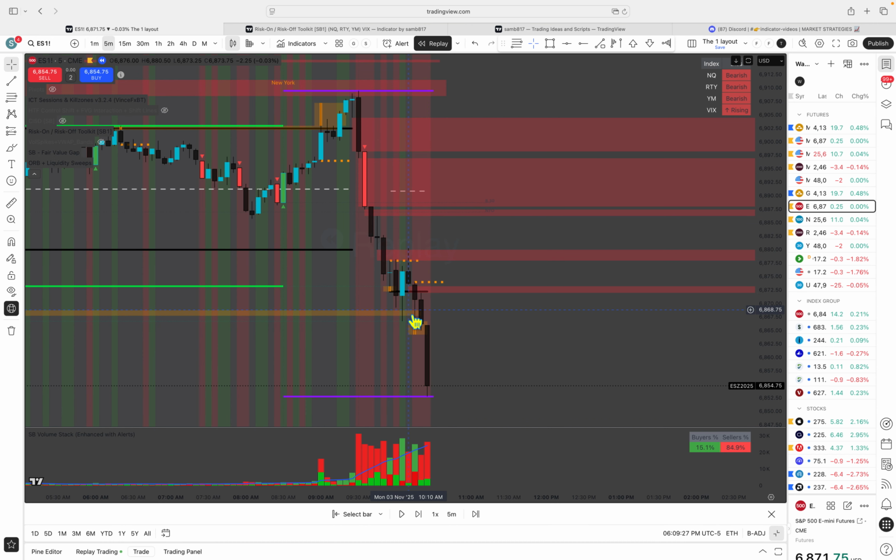We have the same pullbacks and the same out-of-alignments as we did with NQ. That's the only reason why I didn't put ES on there, because you can still utilize this for ES as well. So don't think just because I didn't add ES on here that you can't trade ES. That's pretty much the good breakdown of this indicator.